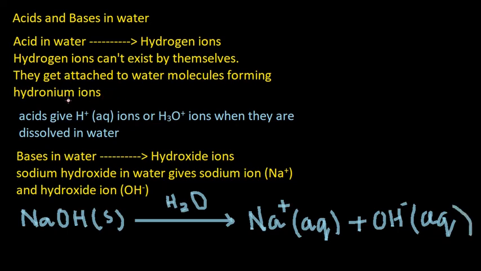So it is due to formation of these hydronium ions in the case of acids and hydroxide ions in the case of bases that we see a change in the color of indicator.